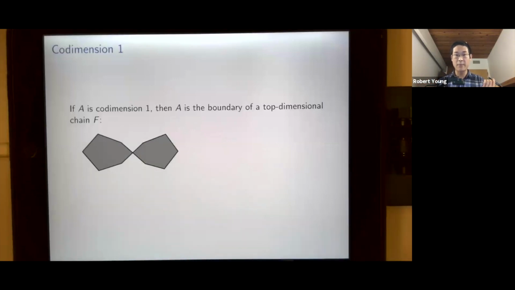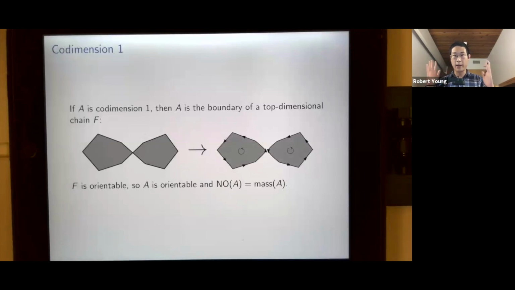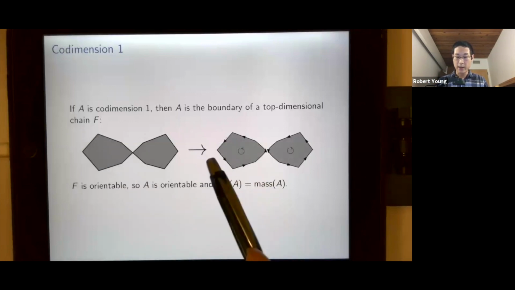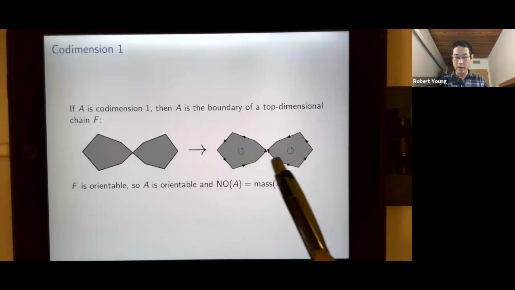And if we have something top dimensional, we can orient it just by inheriting an orientation from Rn. So that top dimensional chain is orientable. That gives us an orientation on its boundary, which is A. And since A is orientable, its non-orientability is just equal to its mass.